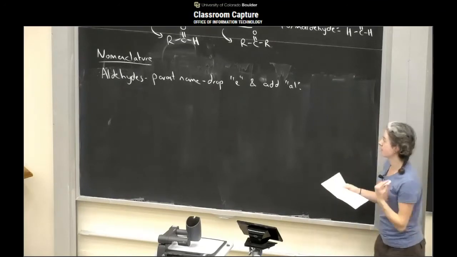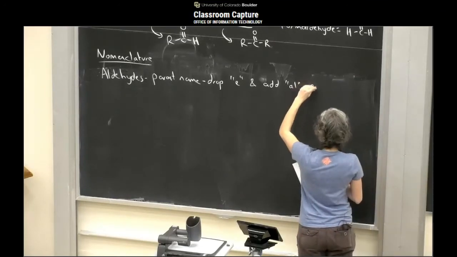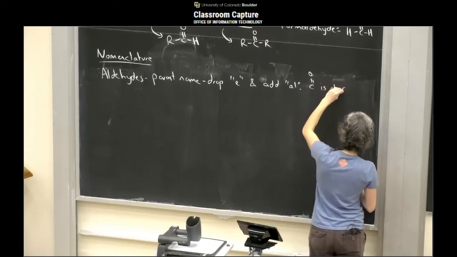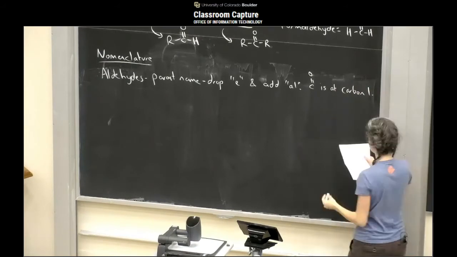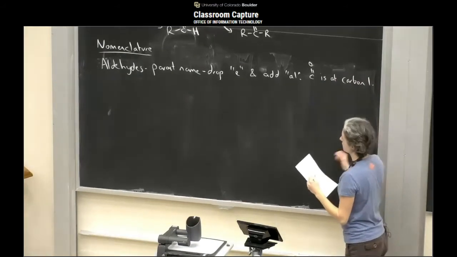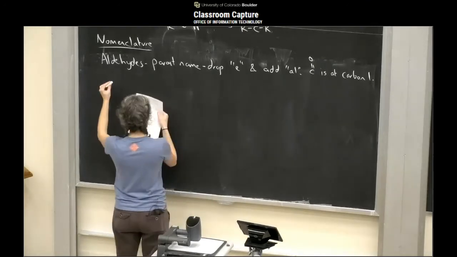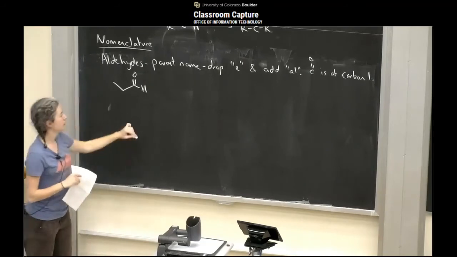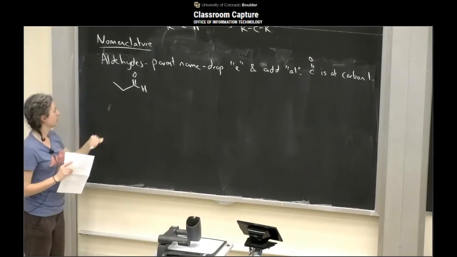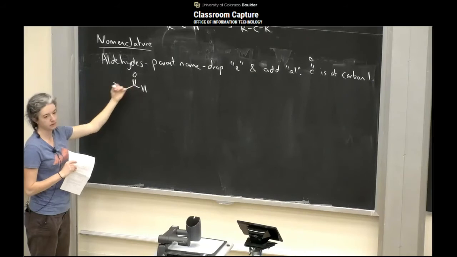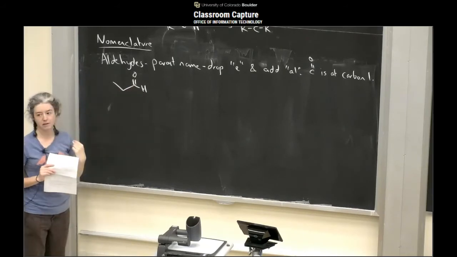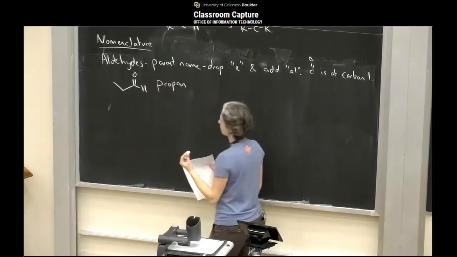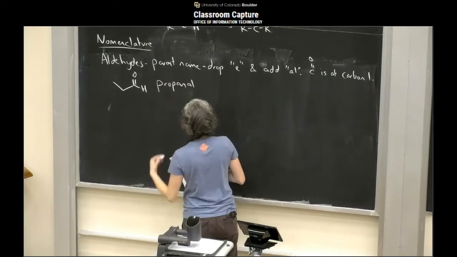And the aldehyde carbon is assumed to be position 1. Okay, so a fairly simple example: something like this has 3 carbons in the parent chain. Even though one of them happens to be the carbonyl carbon, we still count it as one of 3. So this is a propane derivative. But we're not going to call it propane, we're going to call it propanal.